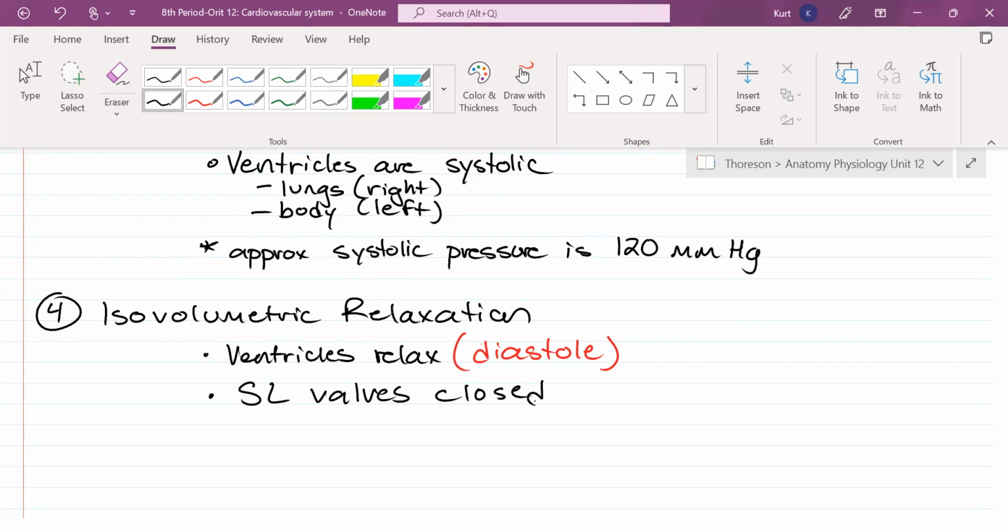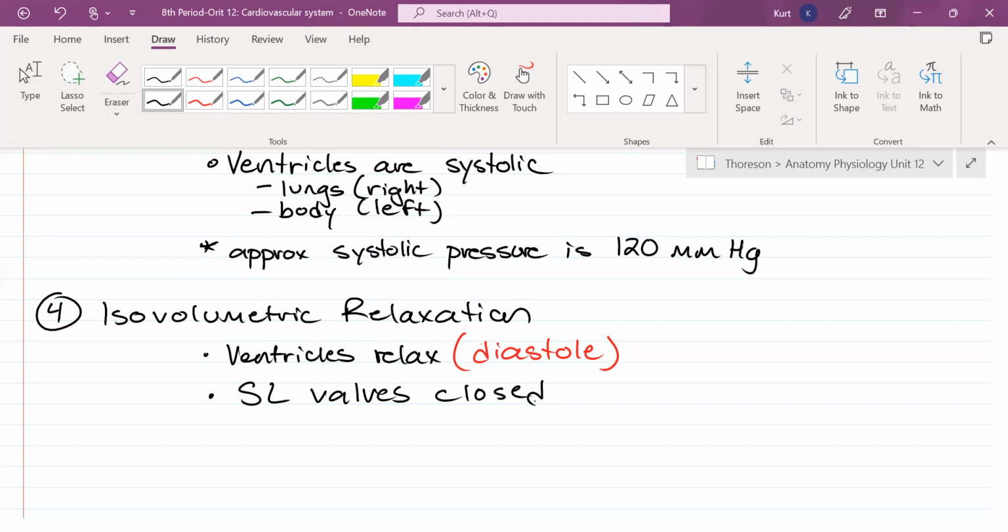Bicuspid. What valve allows the left ventricle to empty? I heard a lot of stuff right there. What valve allows the left ventricle to empty? The aortic valve. What valve allows the right atrium to empty? I heard different answers. You've got to get it straight, Kate. What valve allows the right atrium to empty? You spoke before you thought.